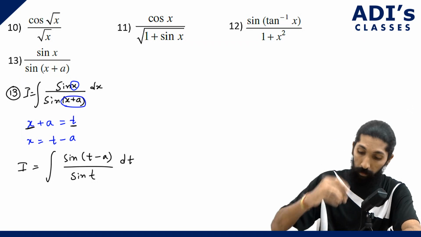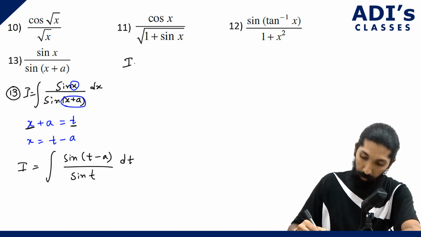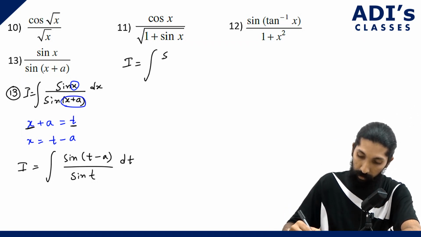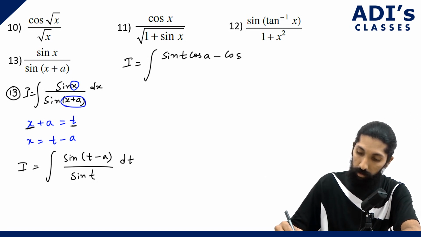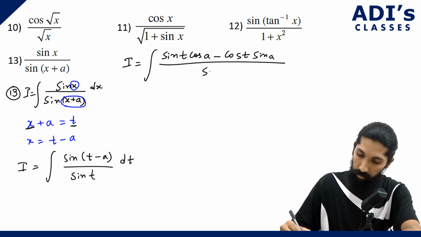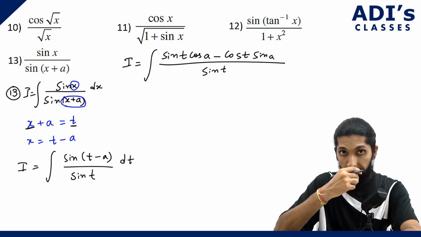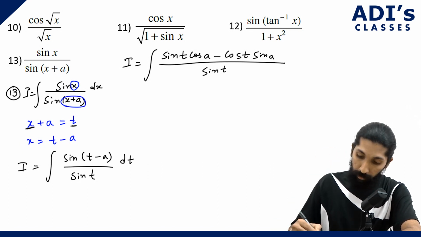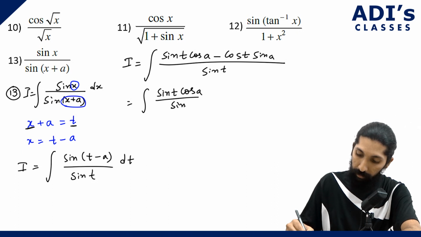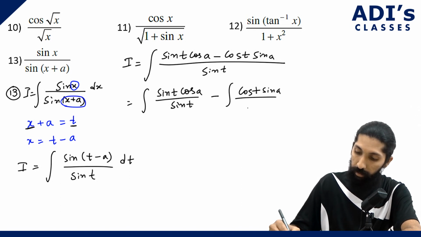In the sense, I is equal to the integral of (sin t cos a minus cos t sin a) whole over sin t. Individually divide: integral of sin t cos a divided by sin t minus integral of cos t sin a divided by sin t.